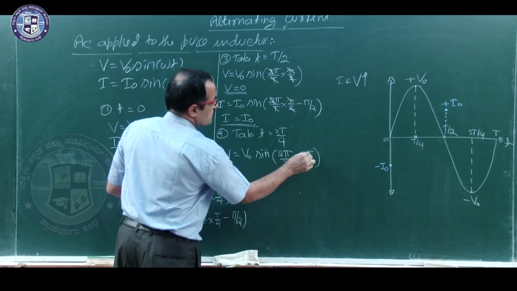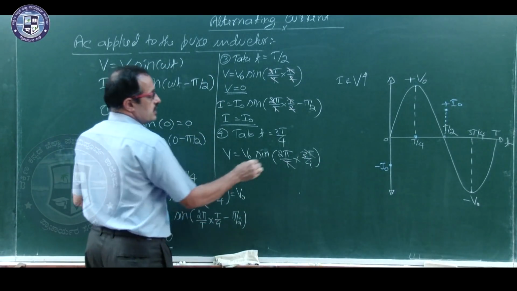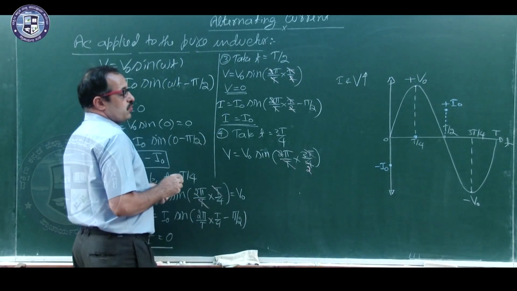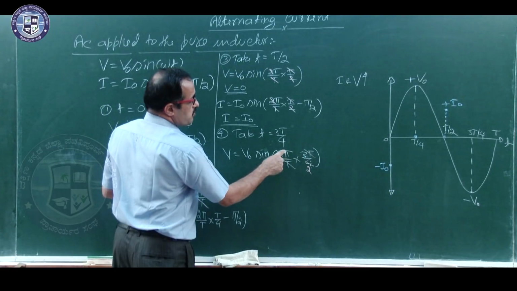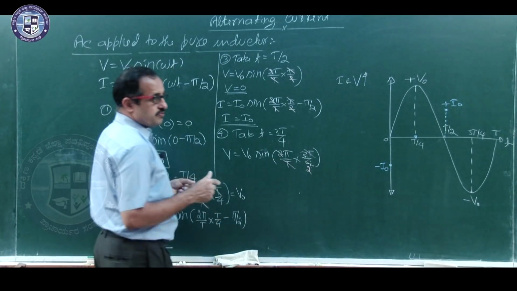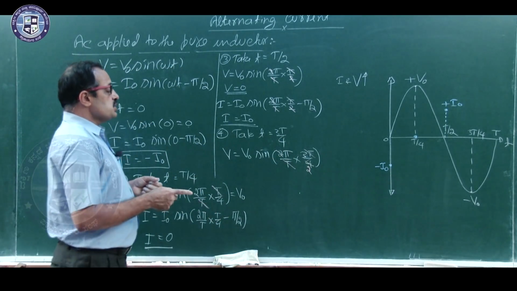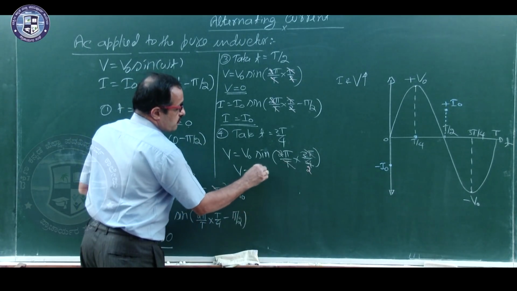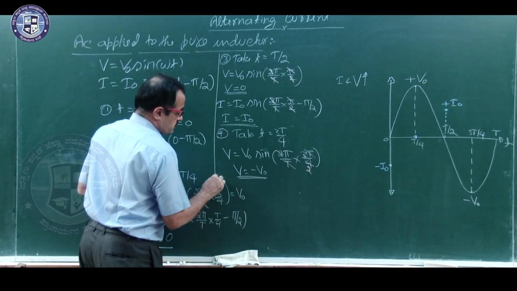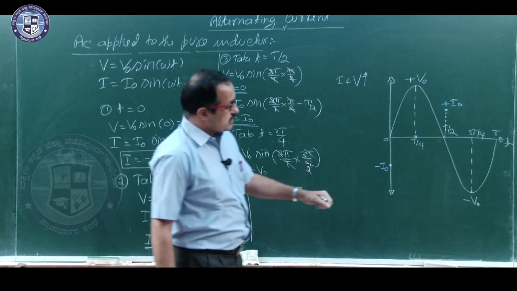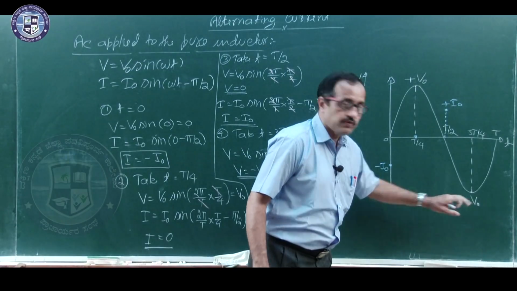T we can cancel, and this is 2 times. So, look here, it is 3 pi by 2, pi by 2 is 90 degree, it is 3 times, means 270 degree, sin 270 is minus 1, therefore, V is equal to minus V naught, that is here, V is equal to minus V naught.